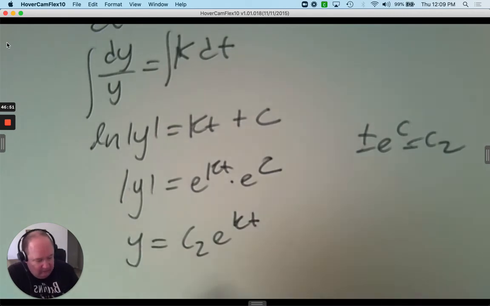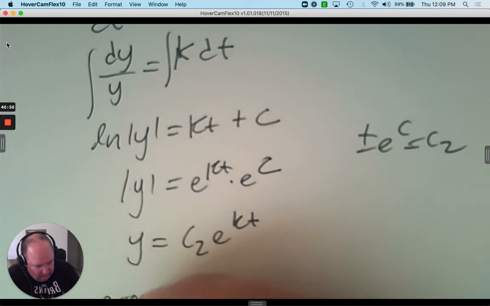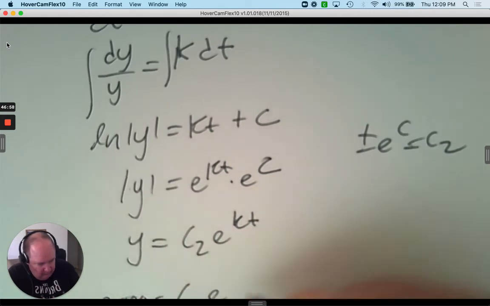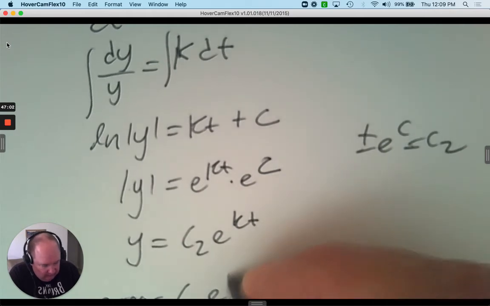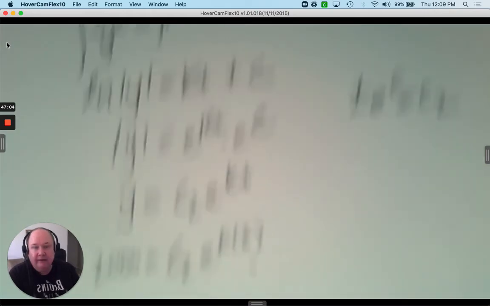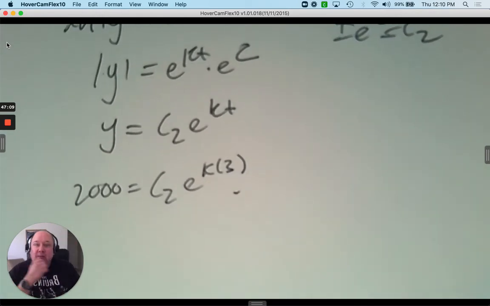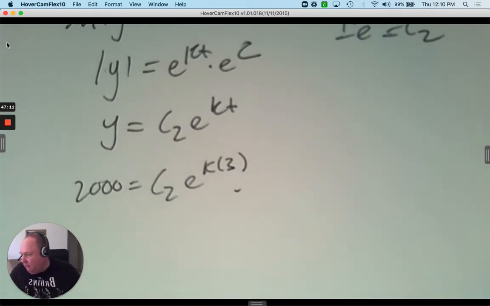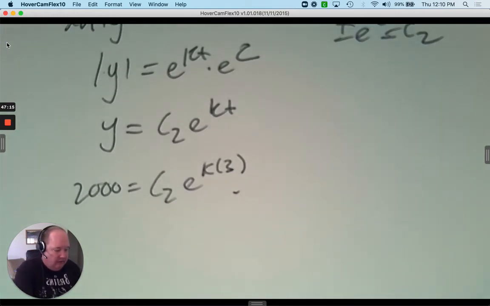Then the question says there were 2,000 bacteria present, so 2,000 present, 3 days after the introduction. So that would mean that t is equal to 3. And then I want to solve it. So this is a calculator question, so we're going to take our calculator out.